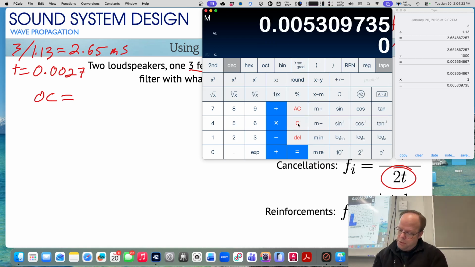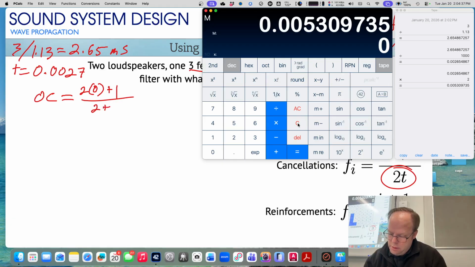And now this will be 2 times 0 plus 1, divided by 2t. And t is, remember, up there. So this will be 1 divided by this number I've remembered.